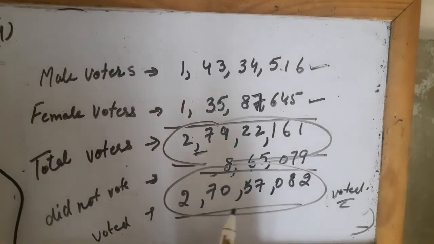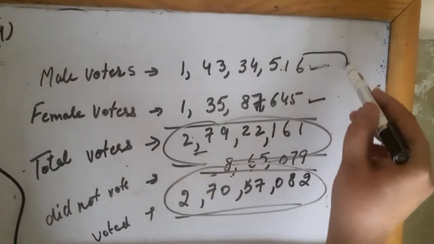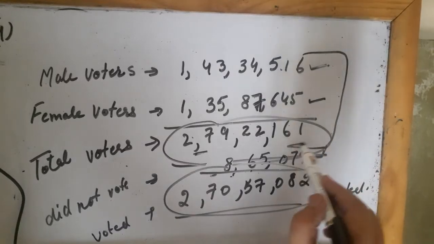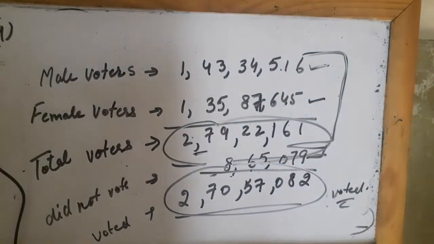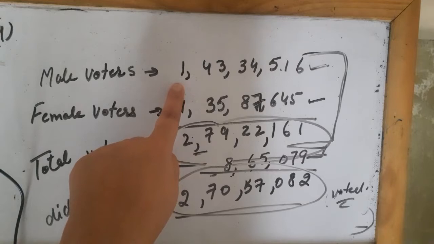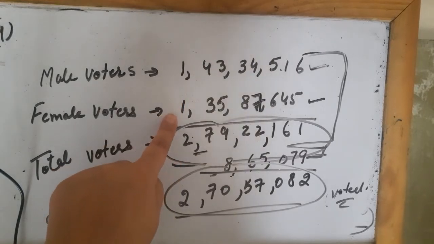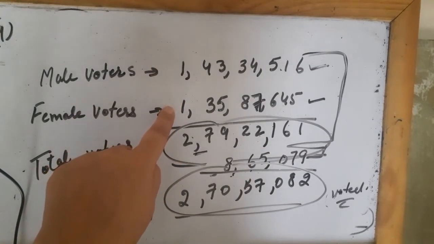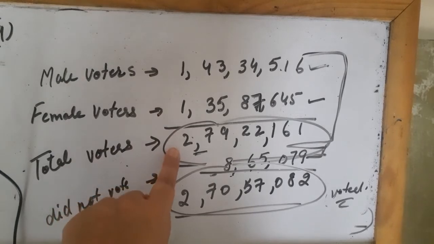So these many people cast their vote in the election. So again, first of all, I will find out the total number of voters who were supposed to vote in the election. So there were these many male voters, these many female voters. So the total people who were supposed to cast their vote were around 2 crore 79 lakhs 22,161.